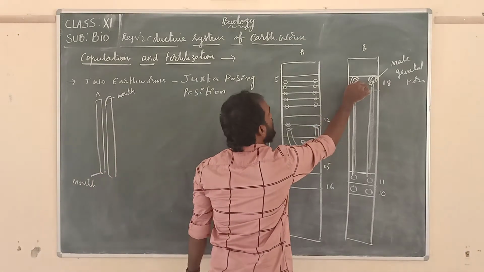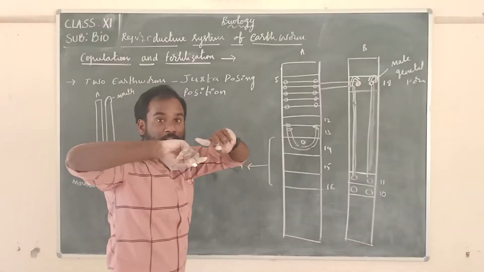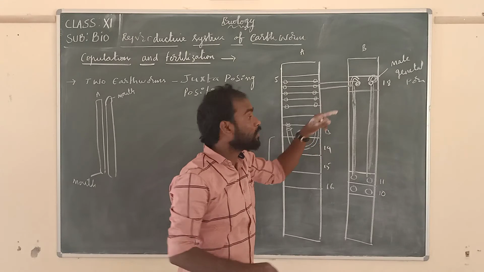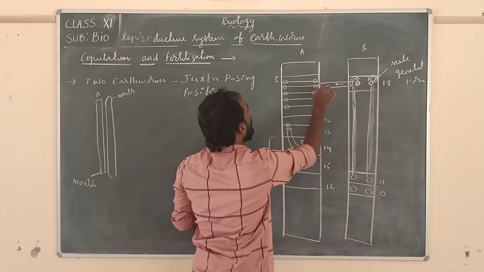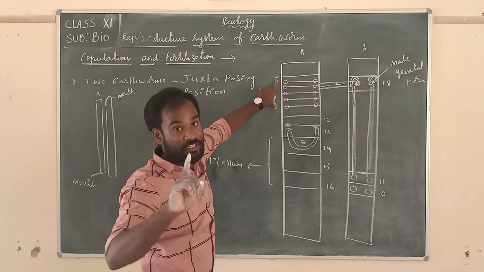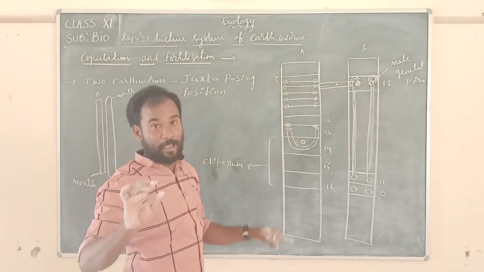Now a bridge will be established. A tube, a connection will be established between these two earthworms. Now from this male genital pore, the sperms will go to the spermathecal aperture.